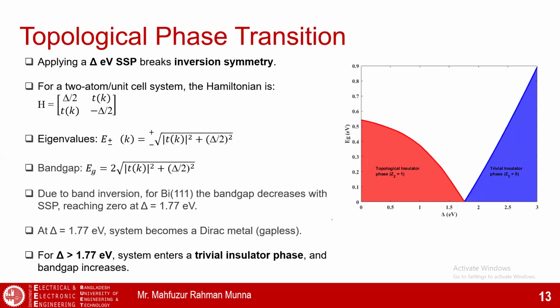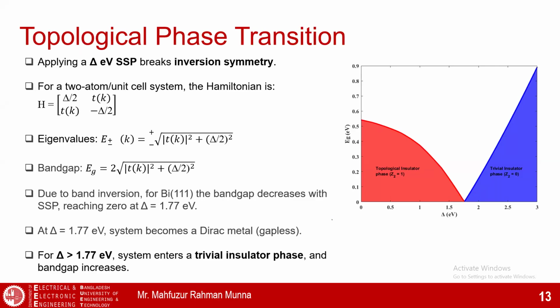Now, if we want to build a transistor, we need to induce a topological phase transition. For that purpose, I have also analyzed the impact of staggered sublattice potential and how we can utilize this to induce a topological phase transition.